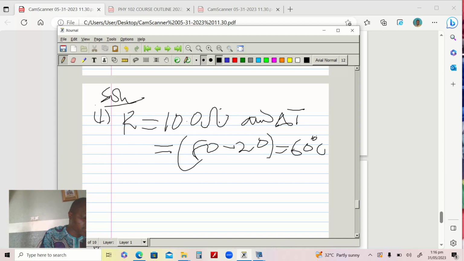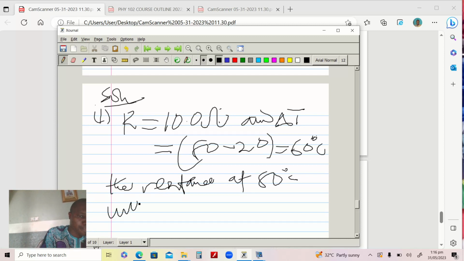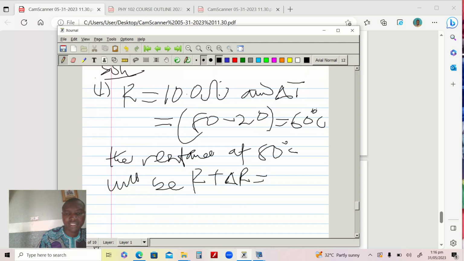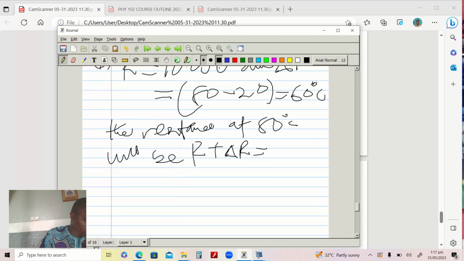And the resistance at 80 degrees will be R plus delta R, which is equal to 12 point. Okay, let's do this delta R first.